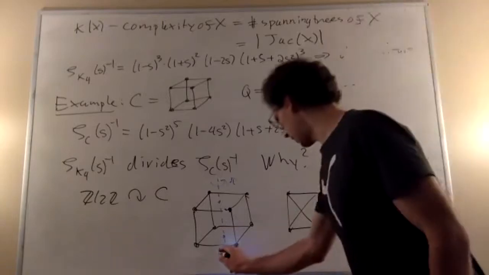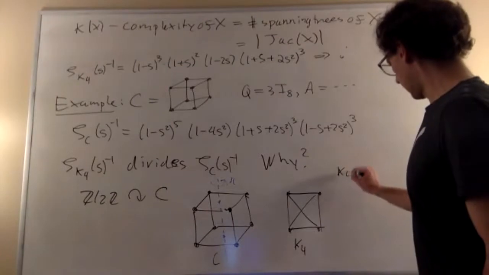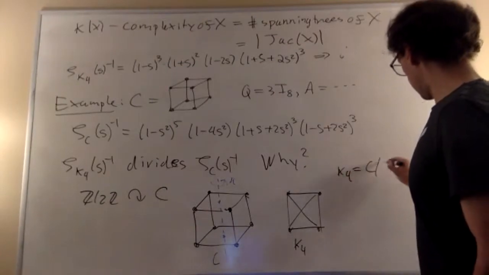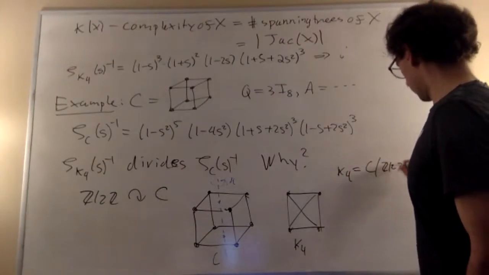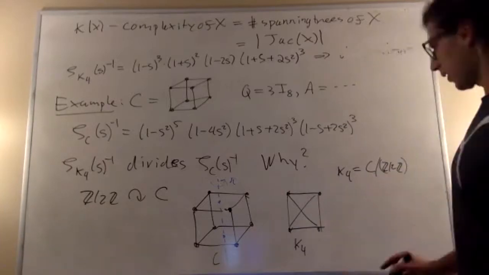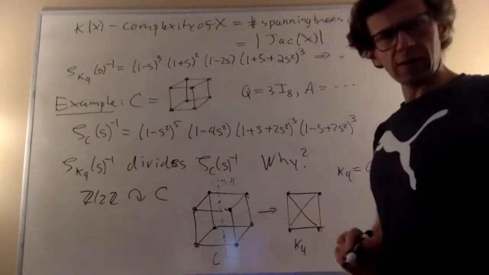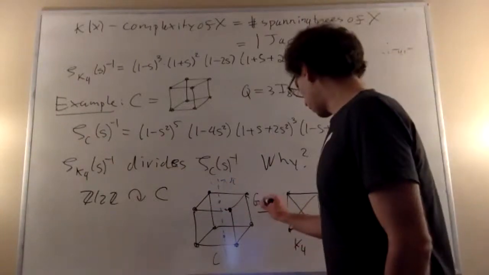So this is C, this is K4, and K4 is the quotient of C by the action of the group Z mod 2Z. So in other words, there's a map from C to K4, and this is what's called the Galois cover of graphs.